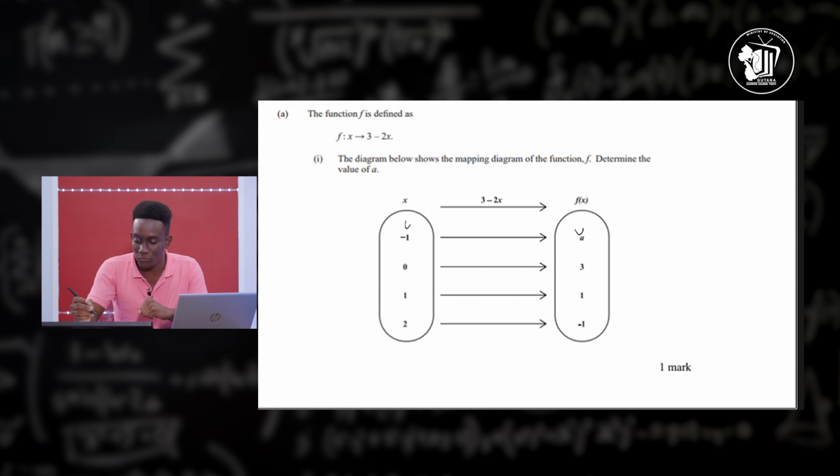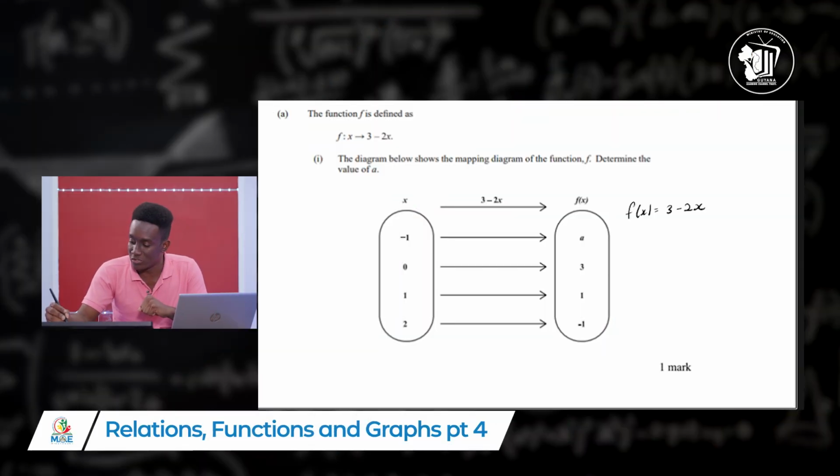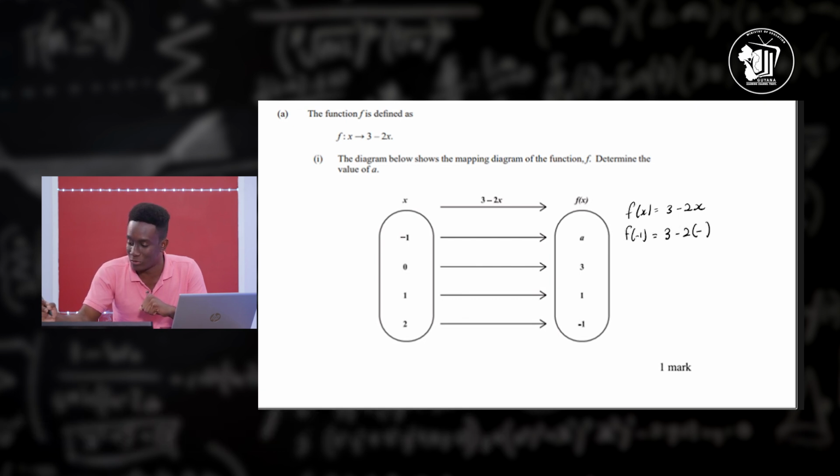So to find the value of a, all we need to do, we have the function, we can write it back as f of x is equal to 3 minus 2x. So we just put -1 into the function. So this would be f of -1 is equal to 3 subtract 2 multiplied by x. In this case, x is -1.